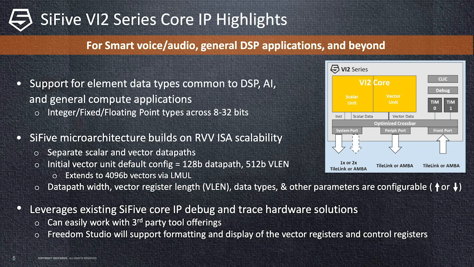As you would expect, it builds on the RISC-V vector extensions, and again, it's leveraging that scalability that's built into the architecture. To deliver the performance of what a vector compute engine can do, we incorporate separate data paths for the scalar pipeline and the instruction pipeline.